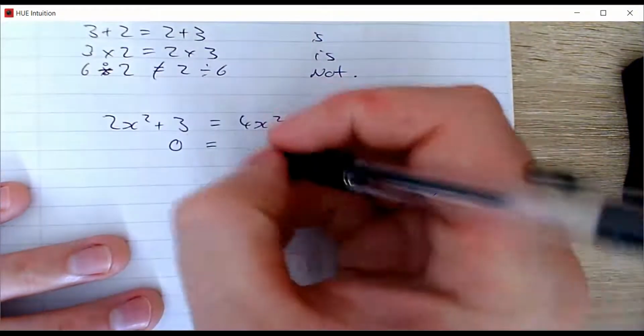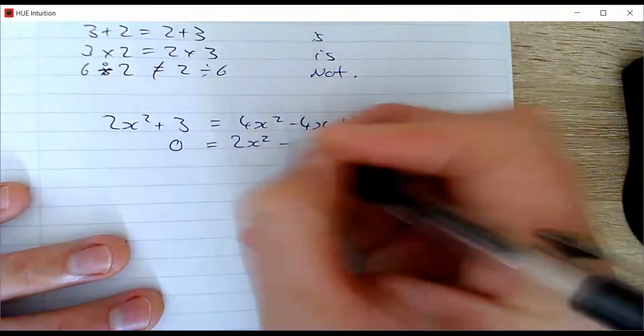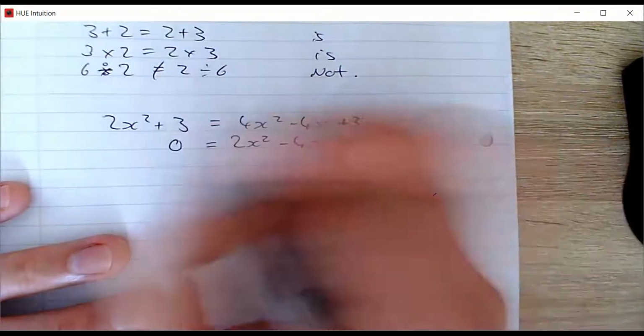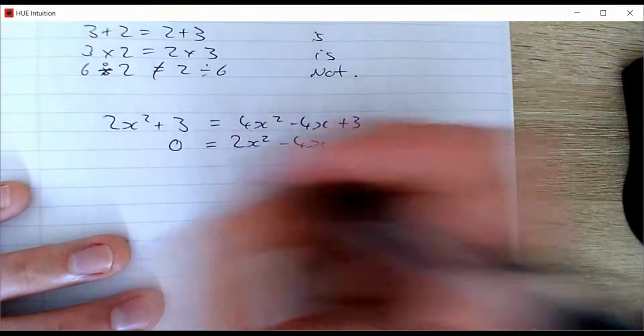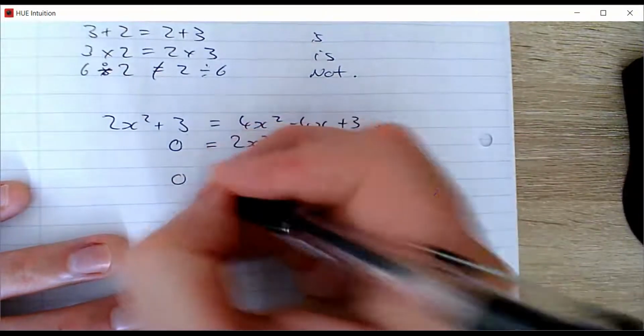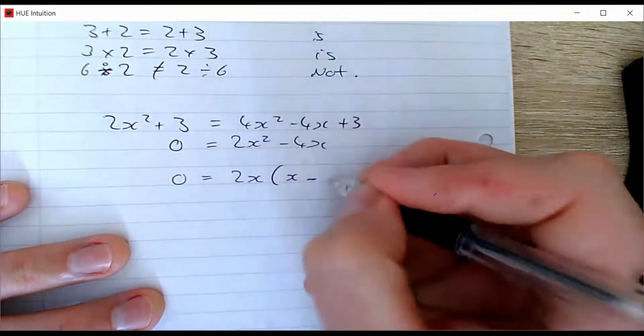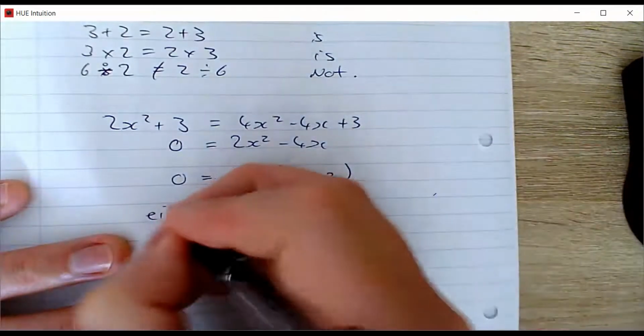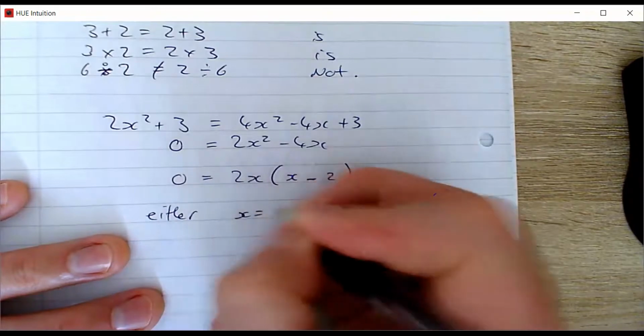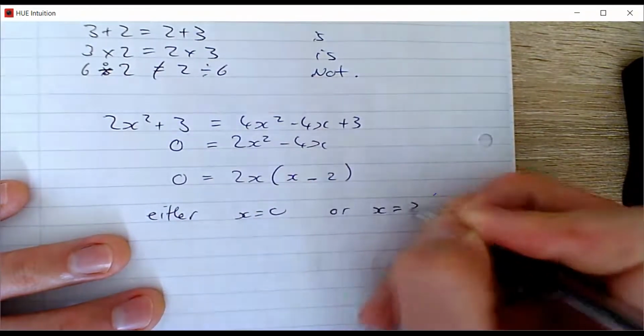You move everything to one side, you get 2x squared minus 4x, and 3 take away 3 is 0. So that factorizes as 2x multiplied by x minus 2. So either x is 0 or x is 2.